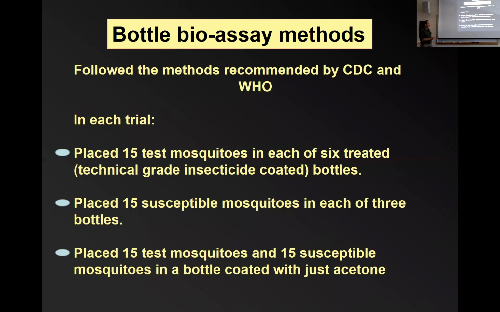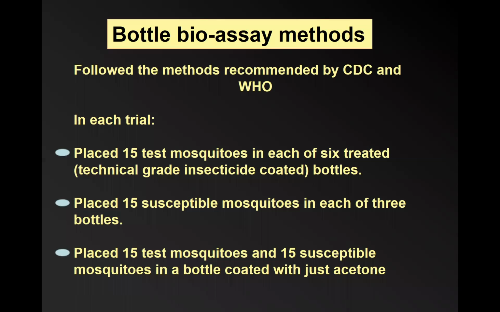The bottle bioassay methods that I use essentially follow what's recommended by CDC and WHO. They follow the same protocol, so that's good. And I place about 15 test mosquitoes in each of 6 bottles that are coated inside with the technical grade insecticide. Then I also place 15 susceptible mosquitoes in each of 3 bottles as a control.